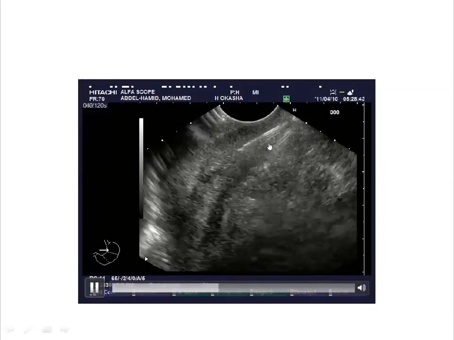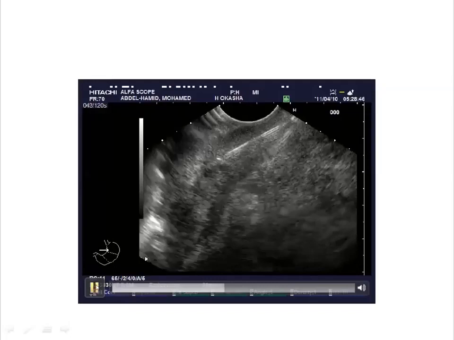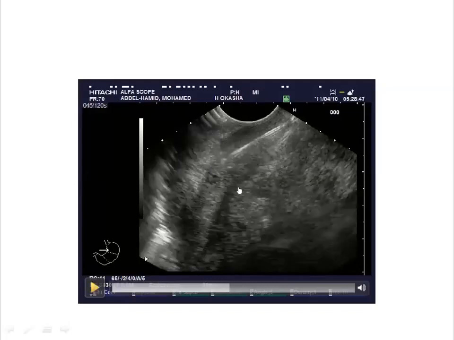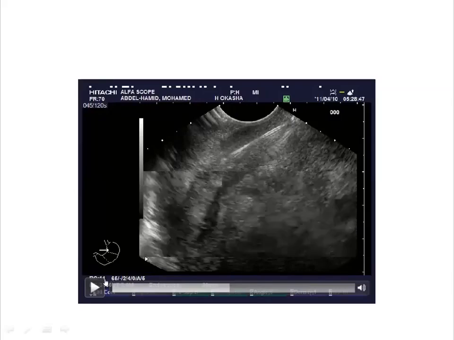So it is very easy to do EUS-FNA. And a nice trick here is when you are in contact with the thickened gastric wall, try to do a little bit of downward deflection by the big wheel. Downward deflection will bring the echo endoscope more parallel to the wall, so we can travel for a longer distance inside the wall to obtain enough tissue.